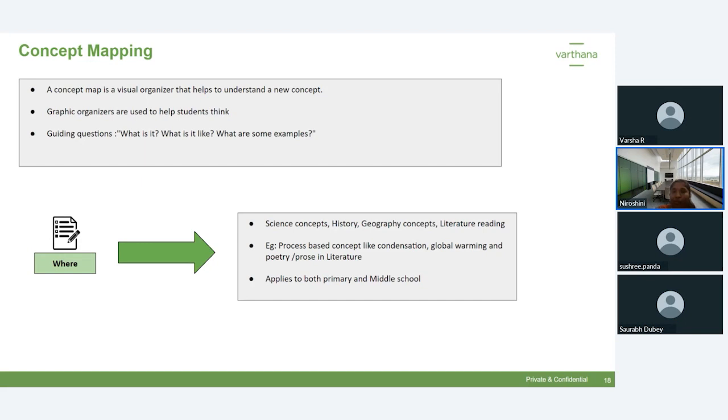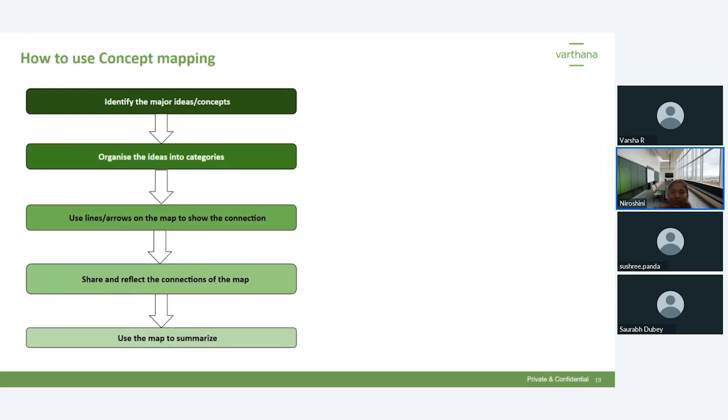Now let's look into how we strategize this method, or how we can apply it. This is very, very simple, exactly like building flow charts. Basically, when we identify the major idea or concept, that becomes the core of the concept map.